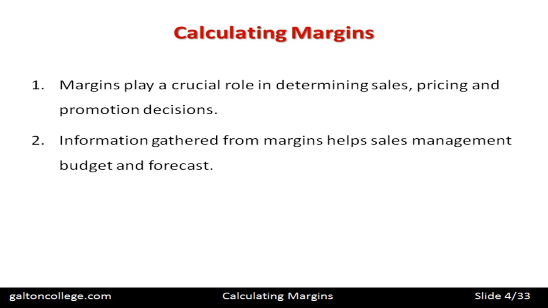Information gathered from margins helps sales management budget and forecast. Once the margins have been calculated, once the company has set itself an objective of trying to achieve a certain margin, has set its price, is accepted in the market as being a reasonable price, and consumers are buying the product, and so on, then once the accounts are drawn at the end, the revenue can be calculated and margins calculated.